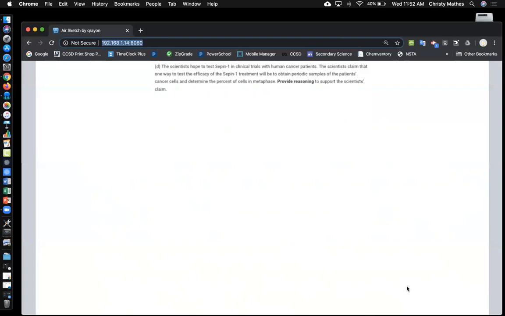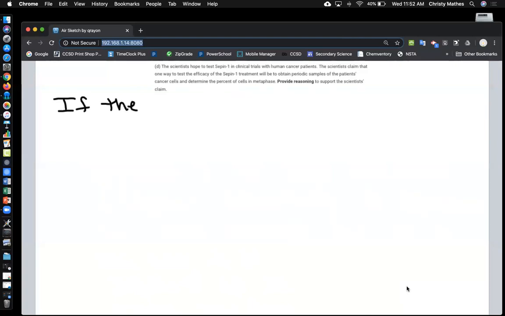Okay, so that's their analysis and their conclusion of what needs to happen next to test the efficacy or the efficiency of this treatment. And so now you need to provide reasoning to support this claim. So they're not asking if you agree, they're asking for you to go through and say, this is why this is a good claim.